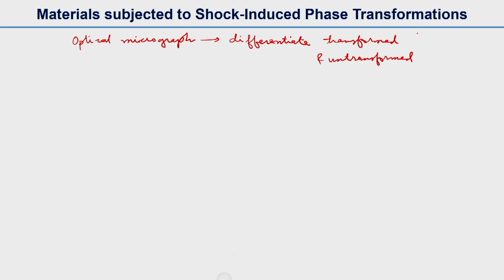The transformed region will look darker, and the untransformed will be lighter in appearance. So we were discussing shock induced transformation of iron from gamma iron to epsilon iron.